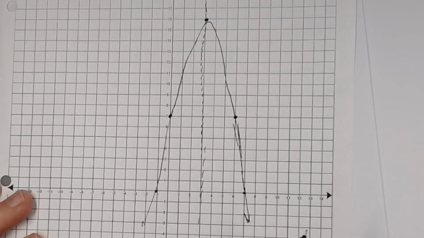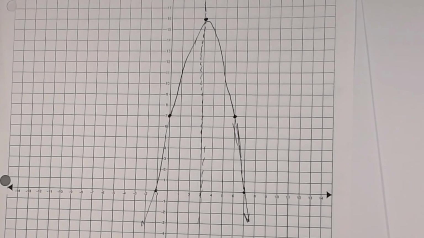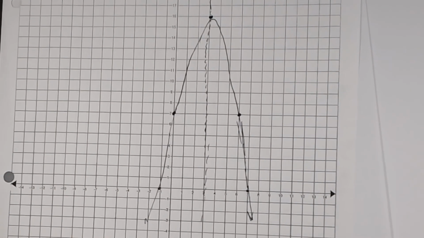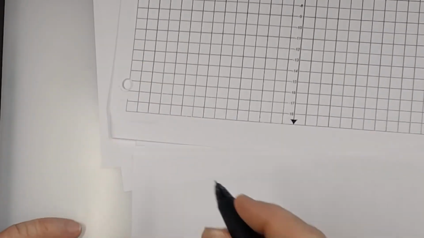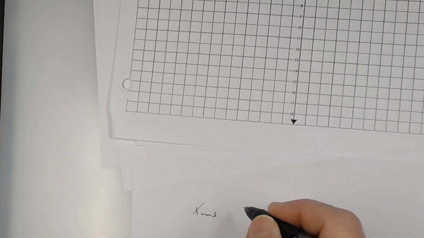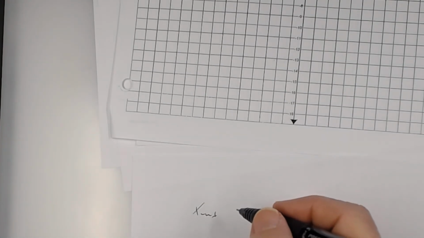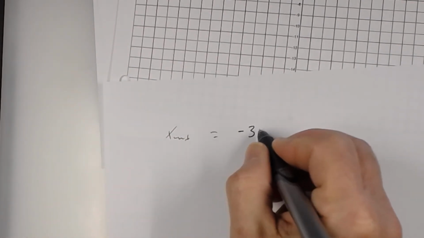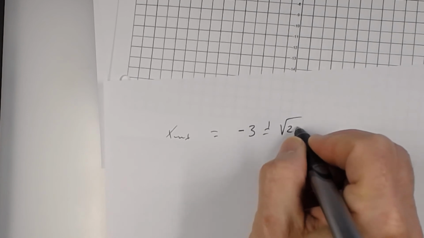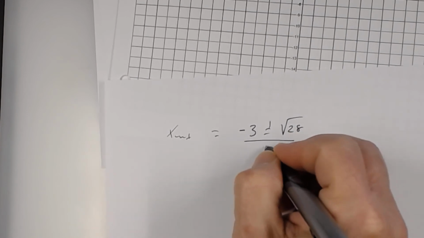Okay? All right. Now, let's suppose you found the x-intercepts, and you plugged A, B, and C back into the quadratic formula, but let's suppose this was what you ended up with. I'm making this up. Negative 3 plus or minus the square root of 28 divided by, let's say, 2.